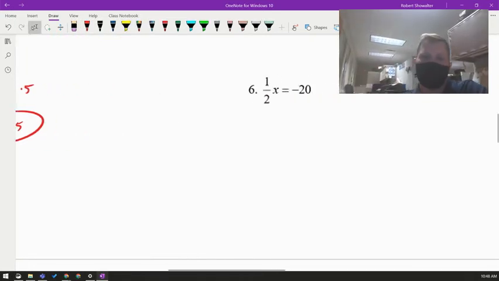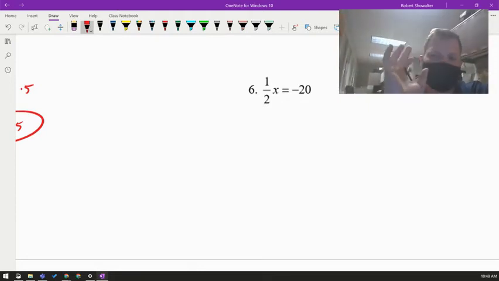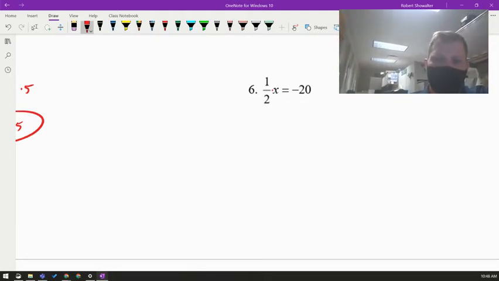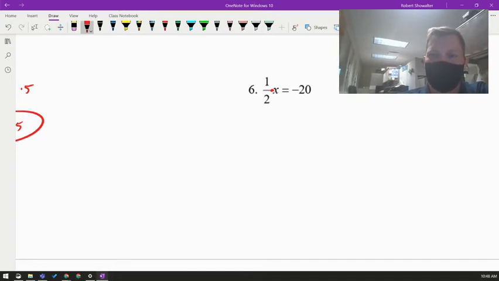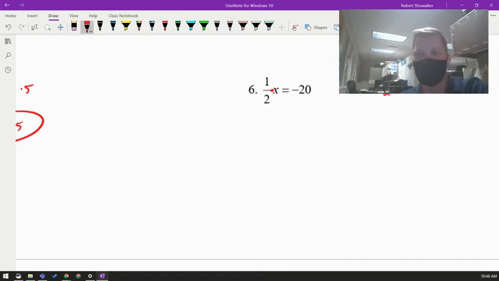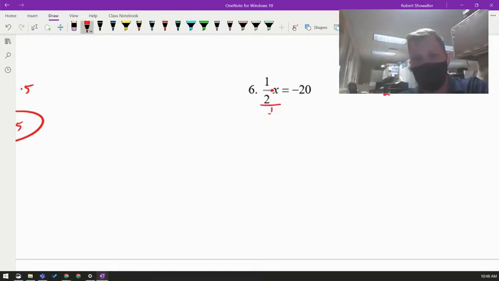Here we go, number 6. You can kind of see this 2 ways. You can see 1/2 times x if you want, or you could see it as x over 2 equals negative 20. Either one works. But if we have it as times, we would divide by 1/2. Now you can type that in your calculator. But if you see that this is actually x divided by 2, mathematically based off of how it's written, you can just multiply both sides by 2 to get rid of it because it's the inverse operation.